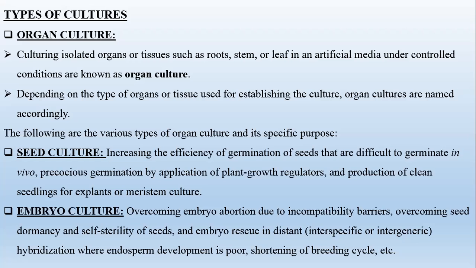But sometimes there are interspecific and intergeneric crosses. In these cases we are able to do the cross. But later on, when the development of the plantlet and seed formation take place, at that time the embryo is unable to develop, or it is only partially developed, so we will not get the next generation. In these cases, once the crossing is completed and seed formation takes place, we isolate the embryo, which will be used as an explant. We transfer it onto the nutrient medium, and we will get the full plantlets. That is embryo rescue.